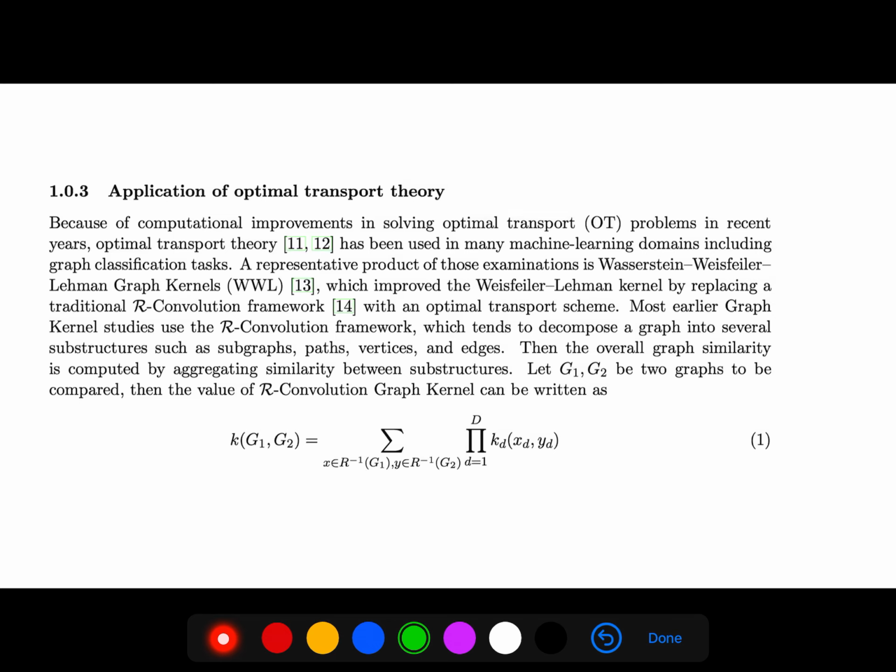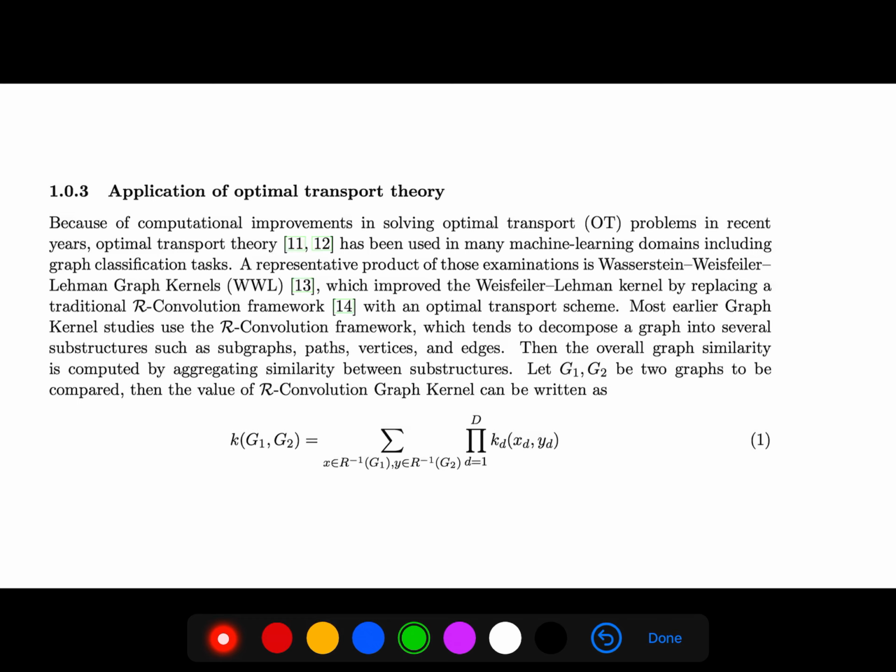This is an application of optimal transport. But it has some computational problems, so there are the Wasserstein Weisfeiler-Lehman graph kernels, which improve the WL kernel by replacing a traditional R-convolution framework with an optimal transport scheme.